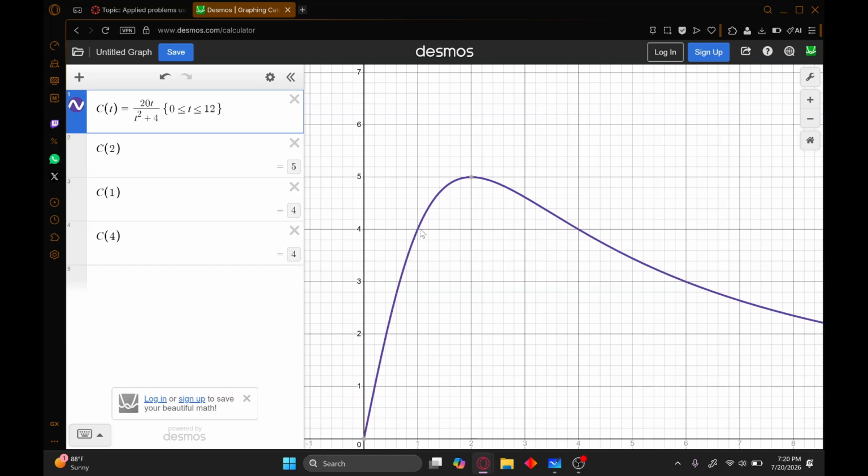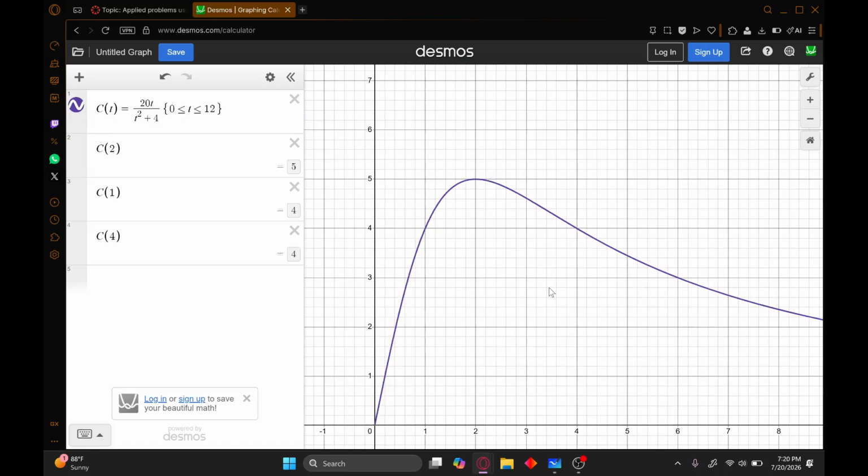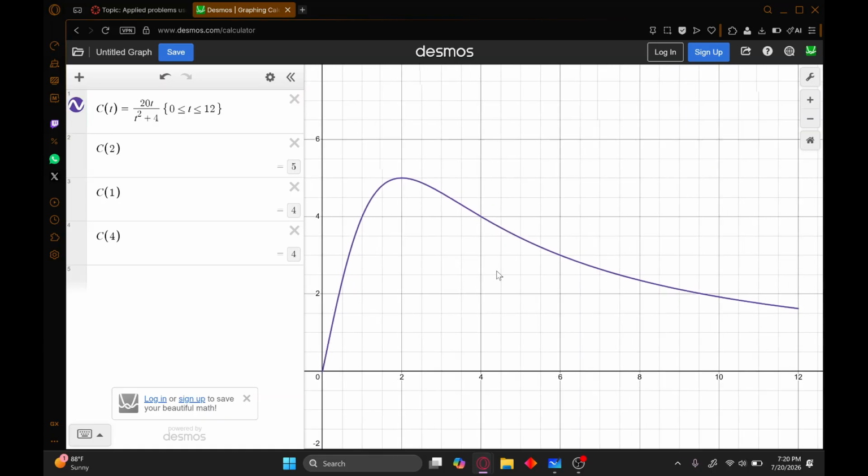So that means everything from here all the way up to here would be at least equal to 4 milligrams per liter. Just another look at the graph.